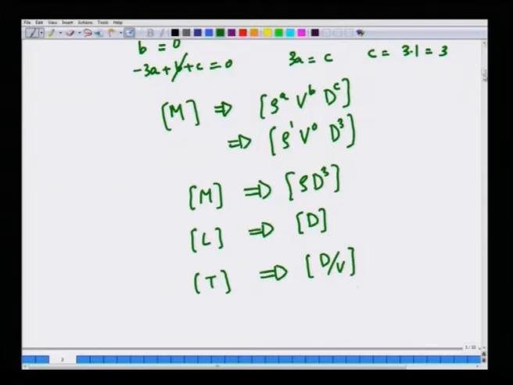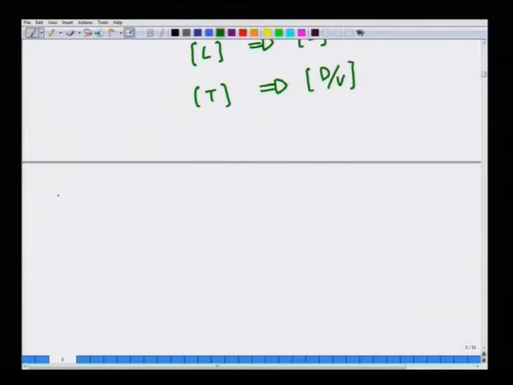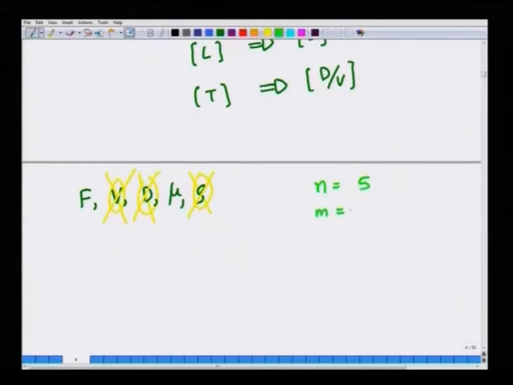So, with these three, now we can non-dimensionalize the remaining variables. Remember we had a total of 6 variables, f, v, d, mu, rho, and we have already chosen v, d and rho as repeating variables. So, we had a total of n equals 5 variables and 3 fundamental dimensions.